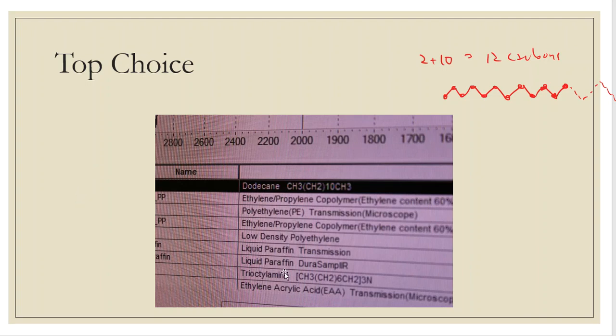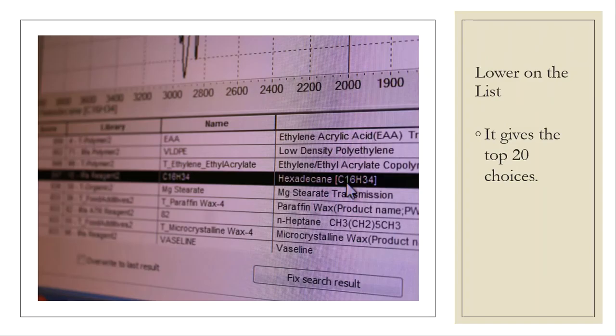But as I scroll down this list, it gives me the top 20 choices. And in the top 20 choices, I see hexadecane that shows up. So it is there. It wasn't the best match for reasons. That's because these things are so super close in infrared spectra that sometimes this equipment gets confused a little bit.